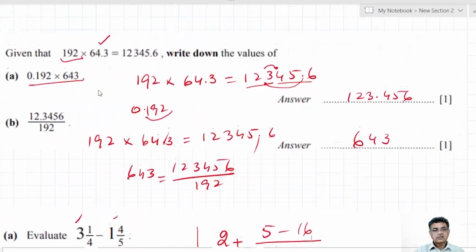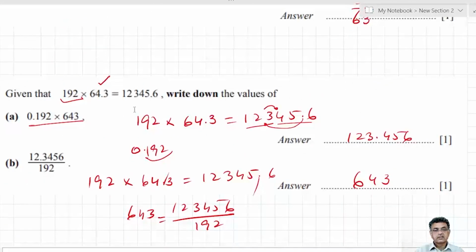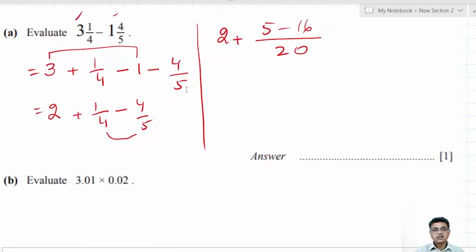So in this one or previously in this question, the LCM is always the product of these two so far. Now here the LCM is the product of 4 and 5. Then 4 will be multiplied on this side and 5 on this side, which gives you this value.